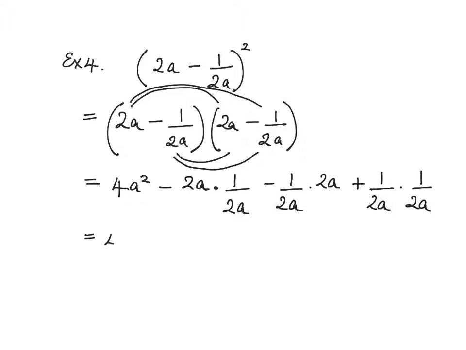Need to simplify now. Remember fractions. If I multiply 2a and 1 over 2a, this 2a multiplies the 1. So I end up with 2a over 2a. Exactly the same thing happens in this term, so the 1 and the 2a multiply.